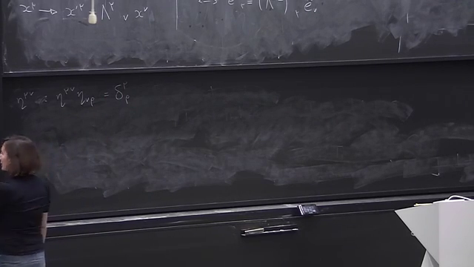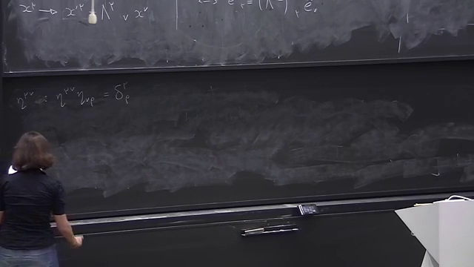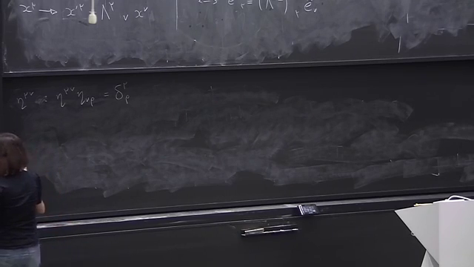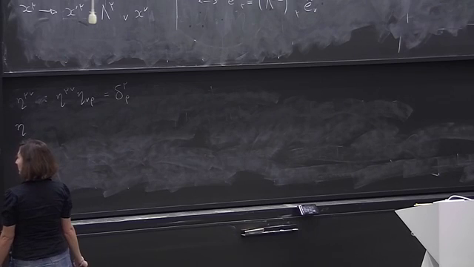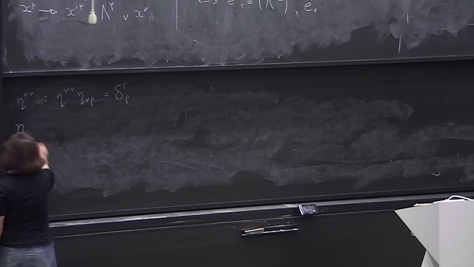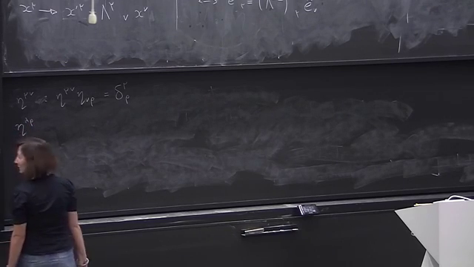So let me start from this relation and multiply both sides by eta lambda rho.